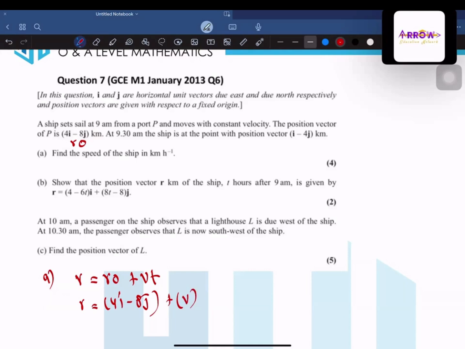And at 9:30 a.m., meaning at t is equal to half hours, the position vector is i minus 4j kilometers. Okay, so at t is equal to half, the position vector is i minus 4j kilometers.